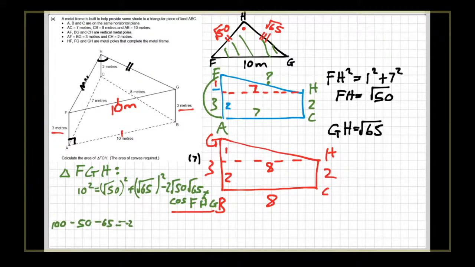Then I'm going to divide both sides by this expression, negative 2 root 50 root 65, over negative 2 root 50 root 65.